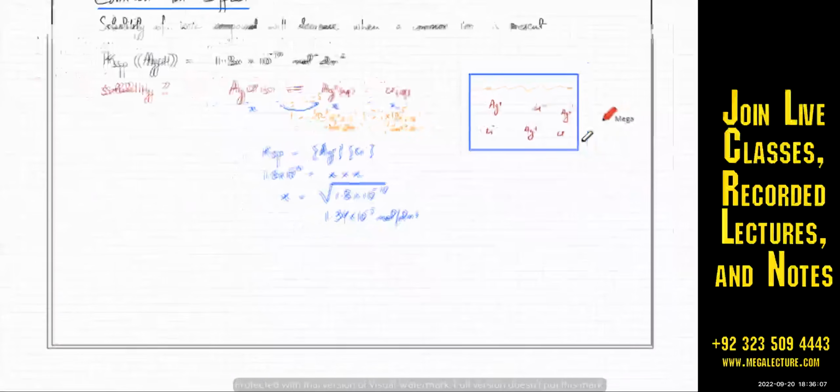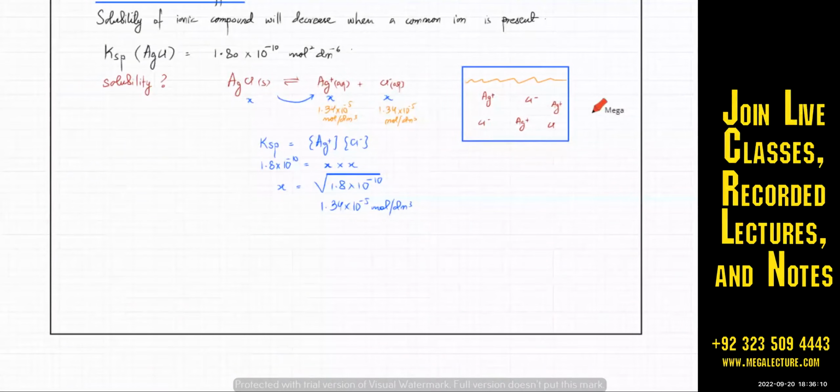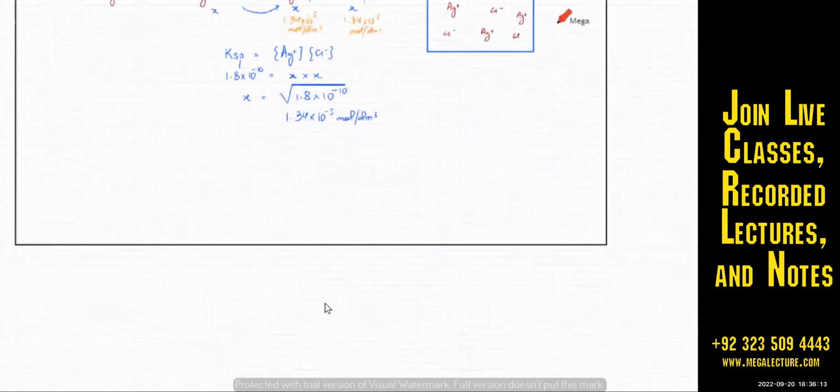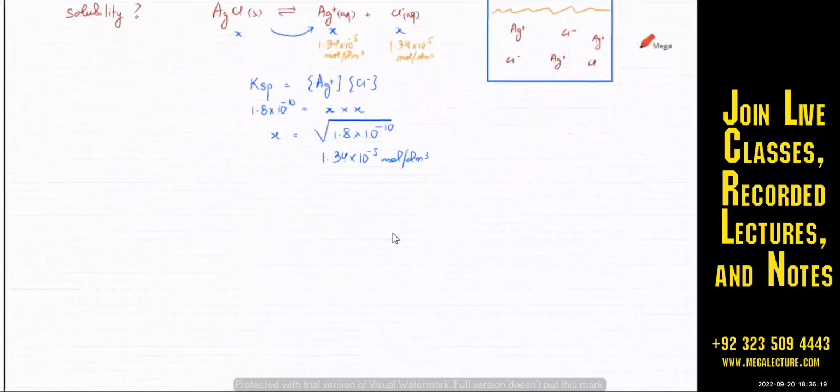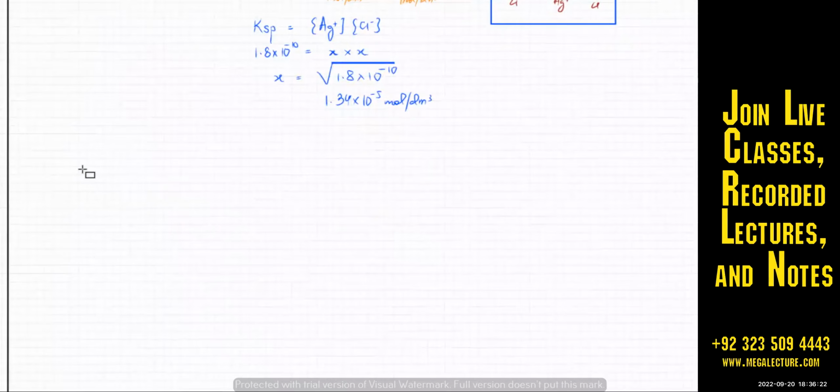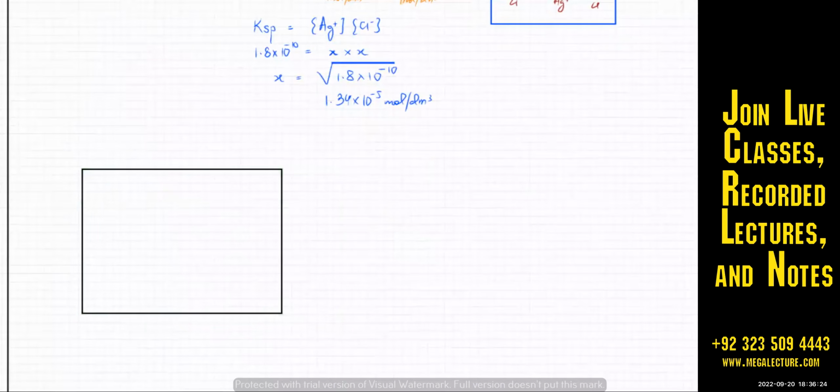Now imagine trying to dissolve AgCl in a solution that already has something else. Let's try and dissolve it in NaCl. I've got a beaker that already contains 0.1 mole per dm cube of NaCl, already mixed in water.